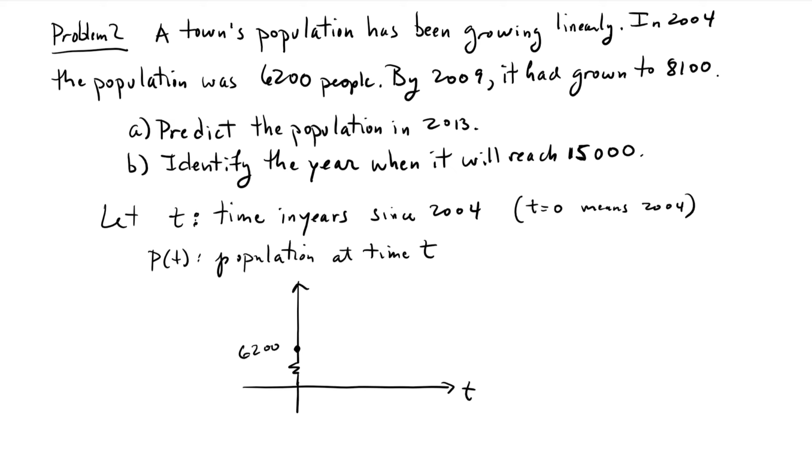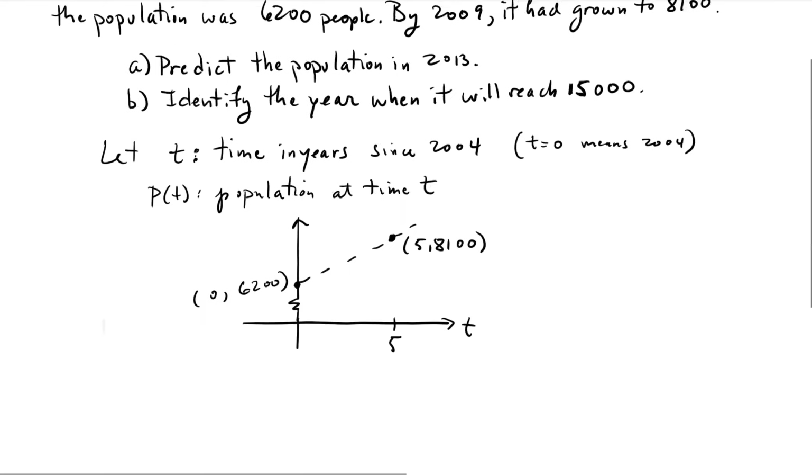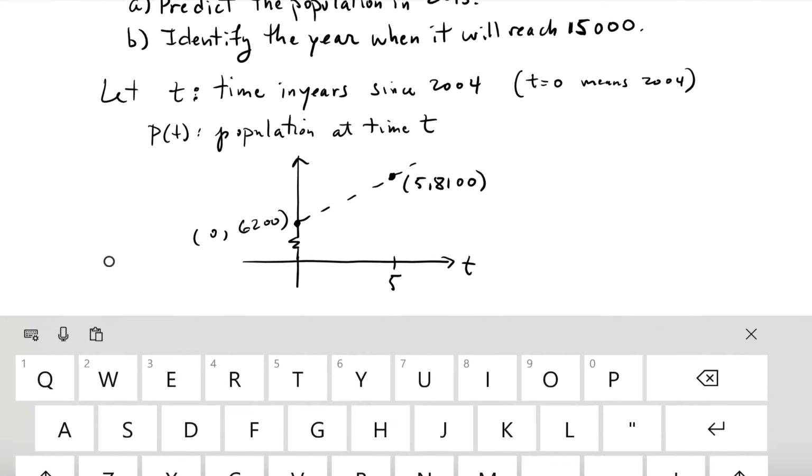I want to start at 6,200. So this point is actually (0, 6,200). So we start here, and then we increase linearly. And let's indicate after 5 years, population has increased to 8,100. So I actually get, with my modeling here, 2 points on that line, and then therefore I can find the equation of that line, or the formula for P of t.